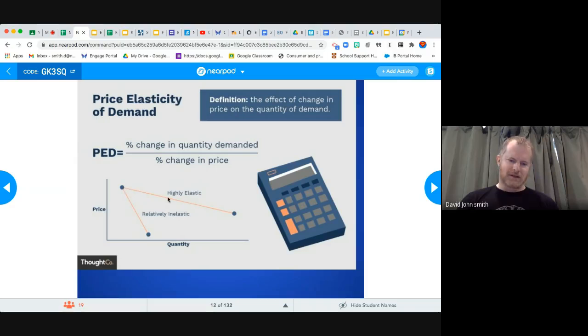But if we have a look at this demand curve, we see that the quantity changes quite a bit with only a relatively small price change. So this demand curve here is highly responsive or highly elastic, and this demand curve is relatively unresponsive or relatively inelastic. So that's what we're looking for, and you can visually tell more or less whether it's going to be elastic or inelastic. You can have a little game going with your arm about what it should actually look like.